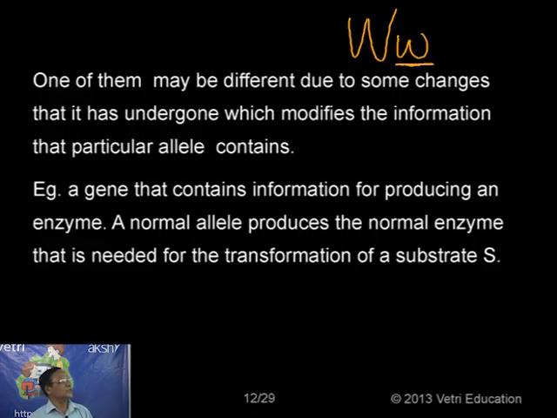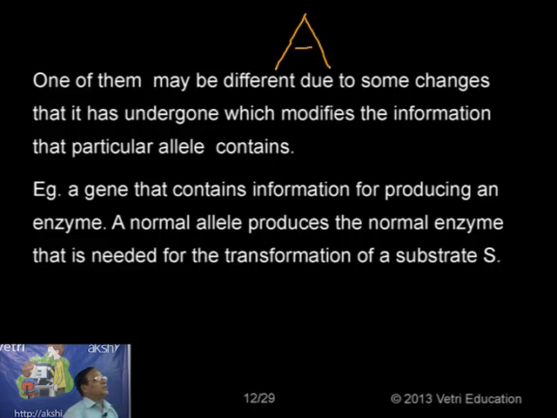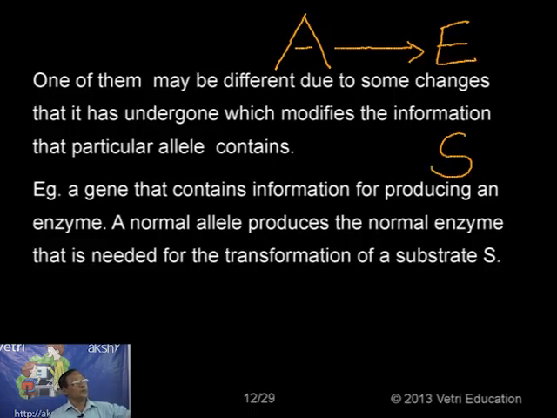Anyway, let's see with an example. I am taking a particular gene, say gene A, that contains information for the synthesis of a specific enzyme, say E. This enzyme is responsible for the transformation of a substrate S. So this is a normal allele and this is a normal product, because of the information contained in the gene.